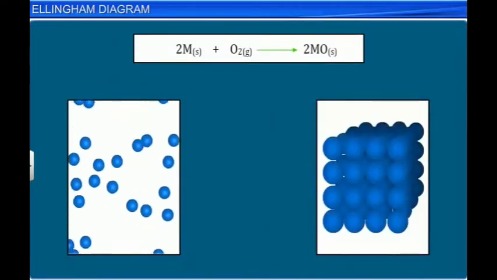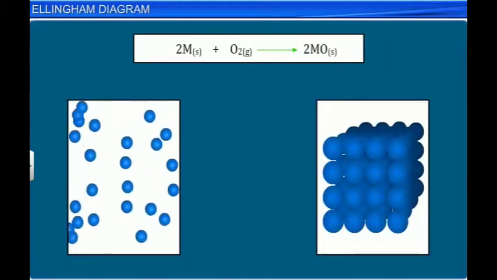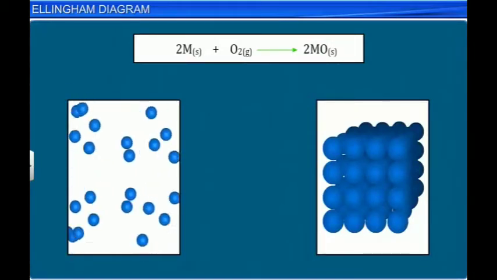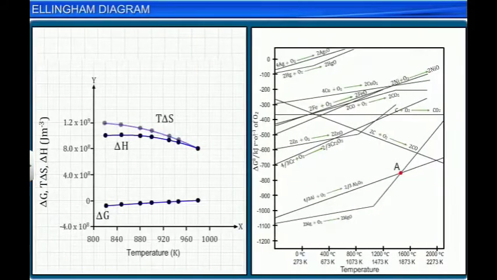In this reaction, the entropy or randomness decreases from left to right due to the consumption of gas. Hence, delta S becomes negative. Thus, if the temperature is raised, T delta S becomes more negative. Since T delta S is subtracted in the equation, delta G becomes less negative. Thus, the free energy change increases with an increase in temperature, and hence the plot shows a positive slope.